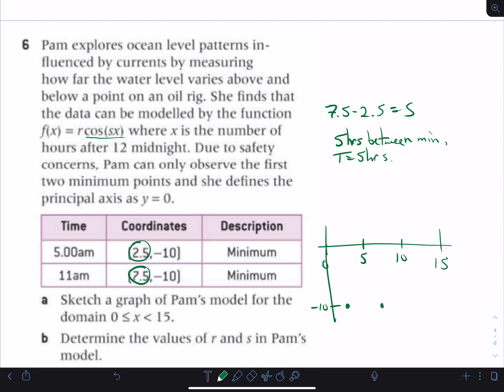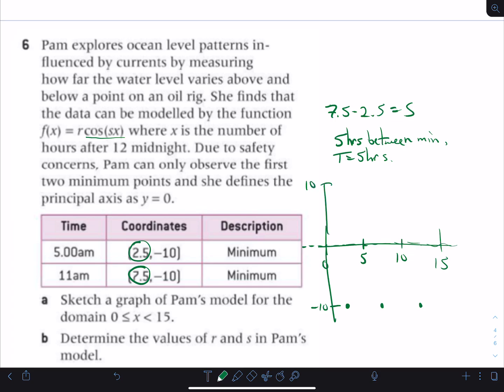So I assume there'll be another one 5 hours later, 12.5. Those are your minimums. The principal axis is at y equals 0. This helps, which means that the maximums will be kind of symmetrically at 10 above.